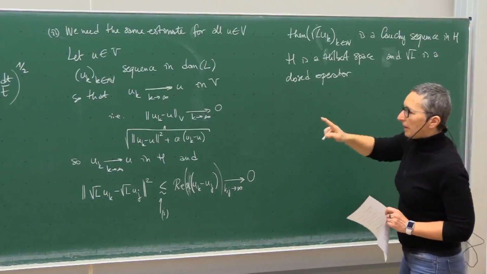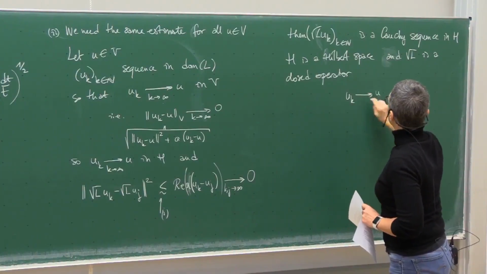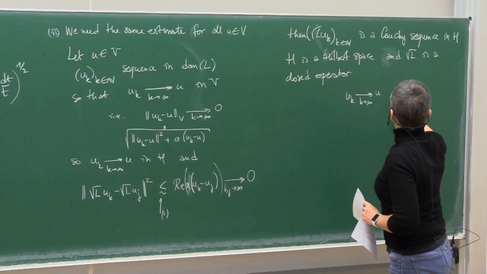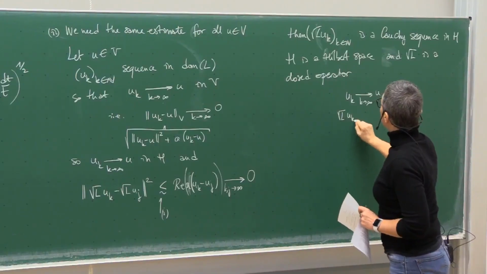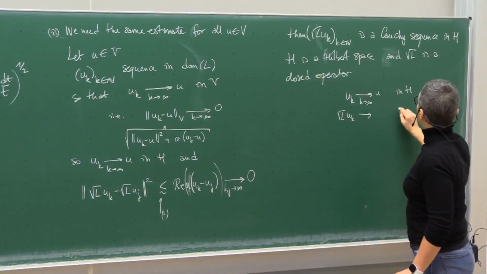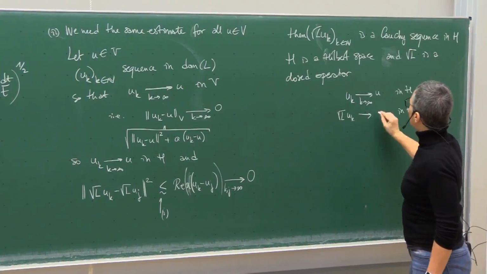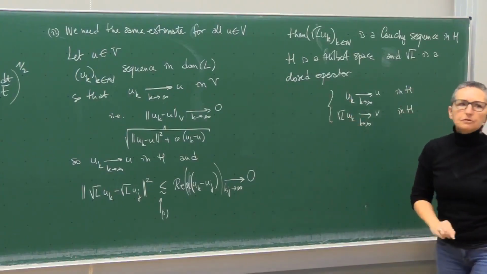So I say again, I have uk converges to u in H. I know also that the square root of L of uk converges to something in H, something I call, I don't know, V. The square root of L is a closed operator.